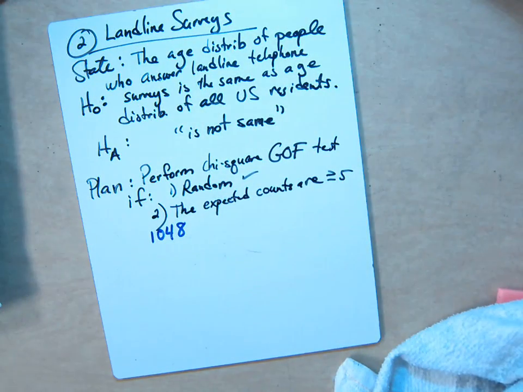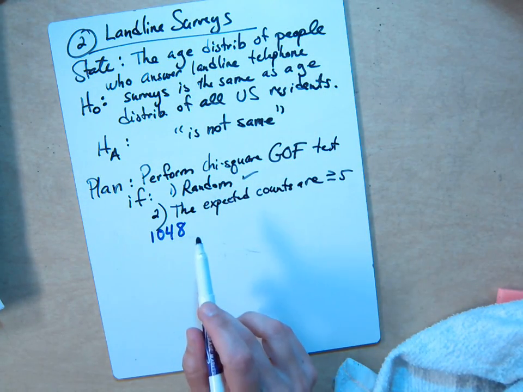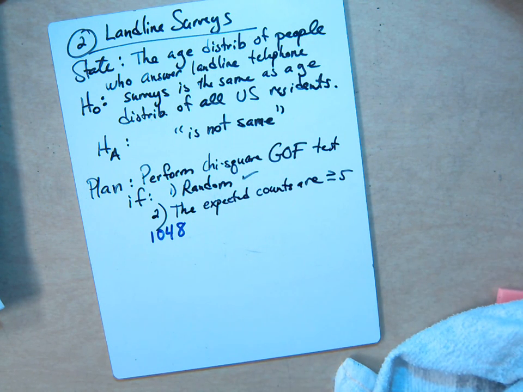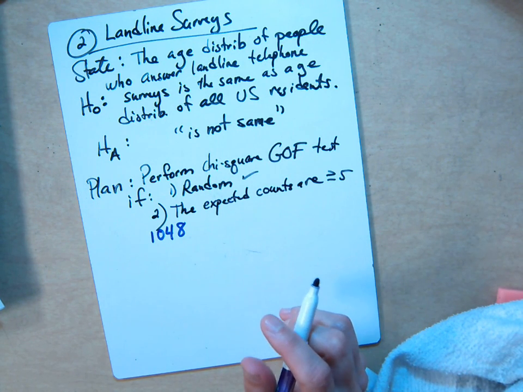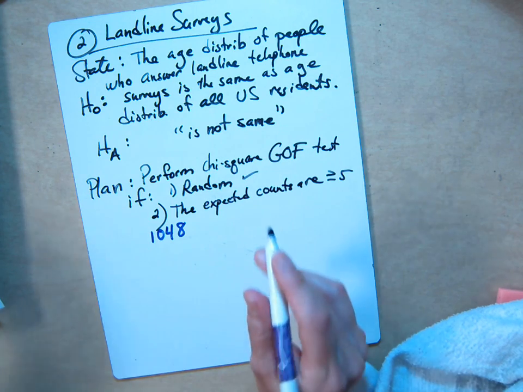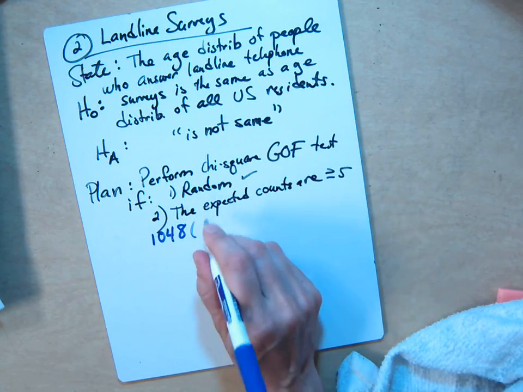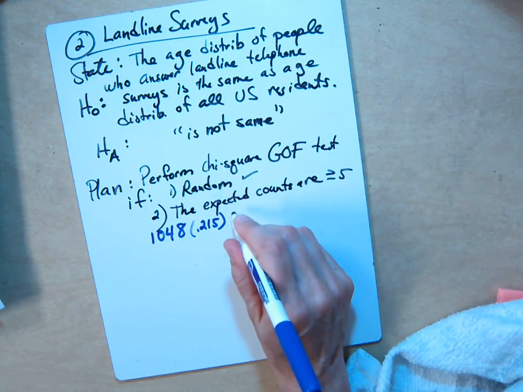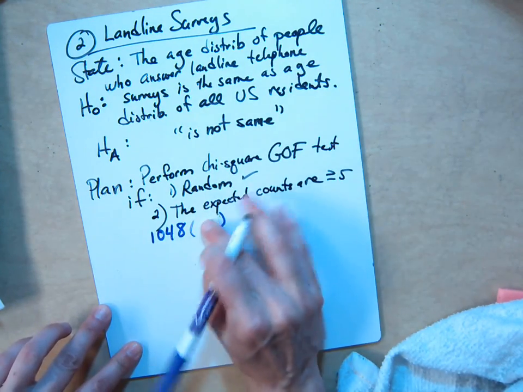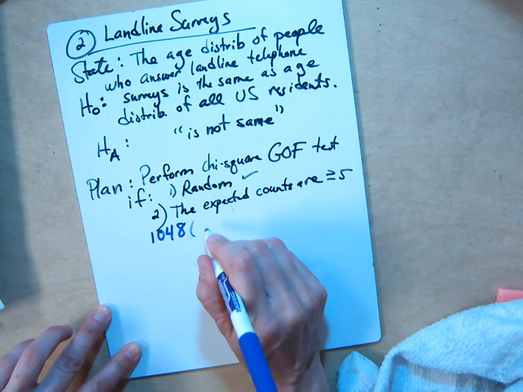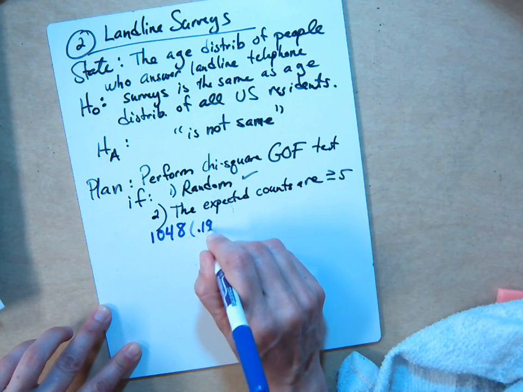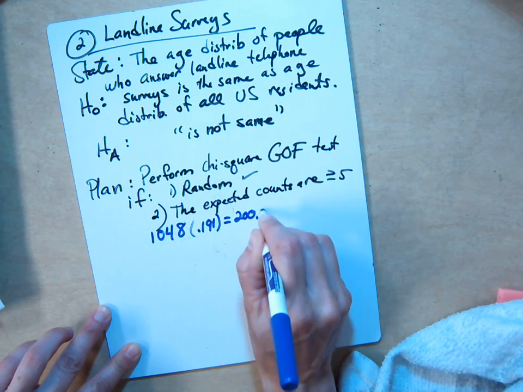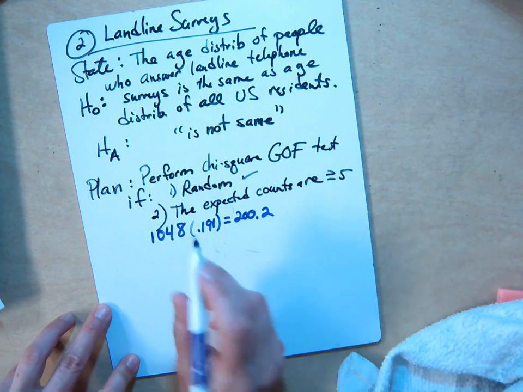So we would expect, if the distribution is the same, we would expect the percentage to also be the same in our sample. So it's 1048 times 0.215 for 21.5%. Sorry, that's not the first one. The first one is 1048 times 0.191 for 19.1%. So that gives us 200.2, so that's good. That's certainly greater than 5.